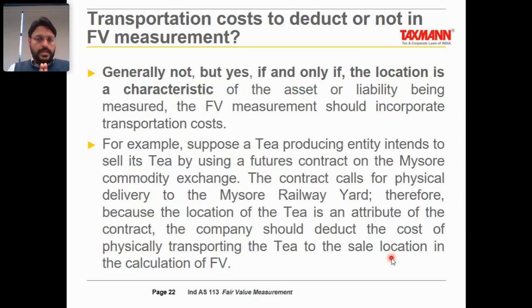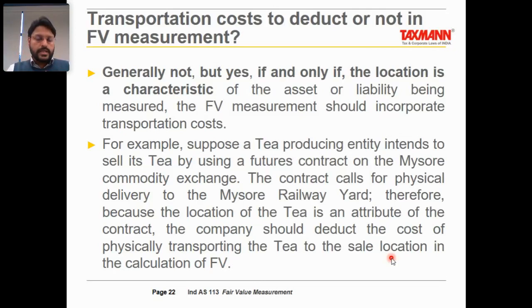So the standard says generally transportation costs are not to be adjusted while measuring the fair value, but they will be adjusted if and only if the location is a characteristic of the asset. That is, the location is a characteristic of that asset or liability being measured.